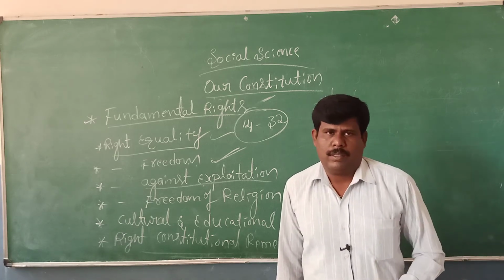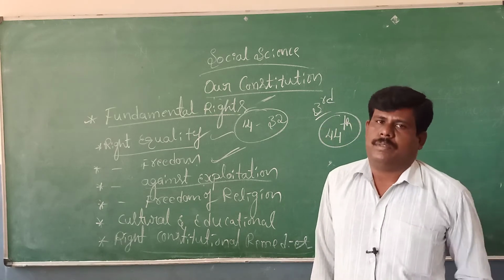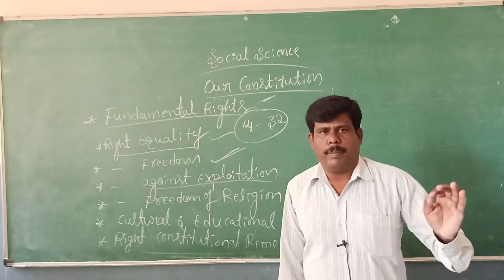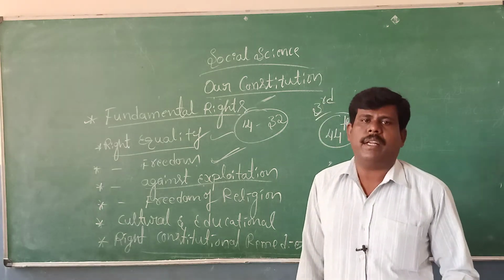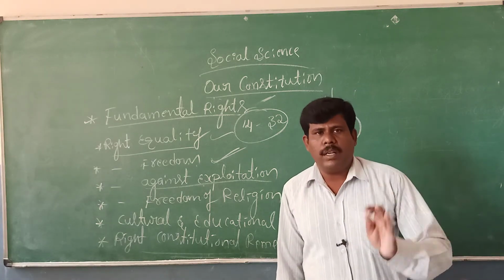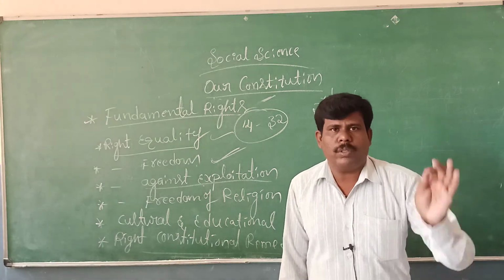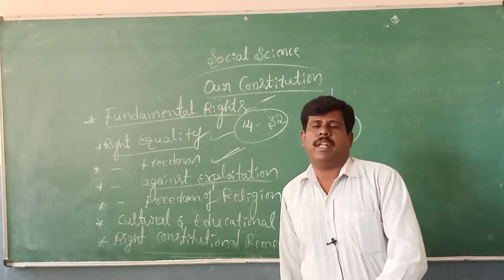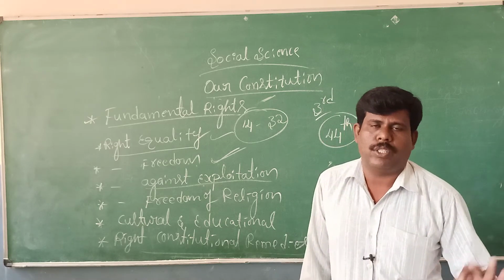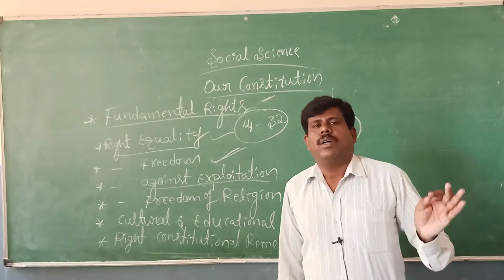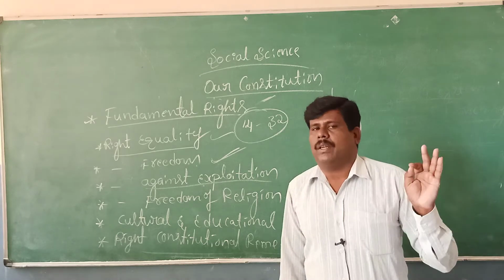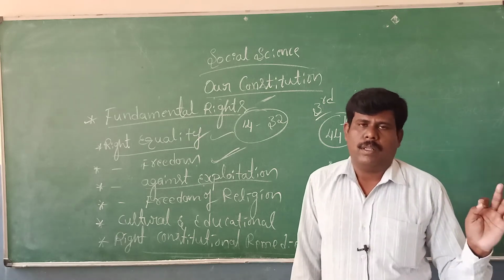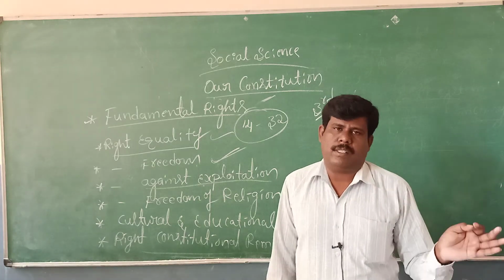Next, children. Children were exploited from the parents' side and from society's side. So children's age from 6 to 14 years is reserved for their education. No owner can appoint any child for labor below 18 years.